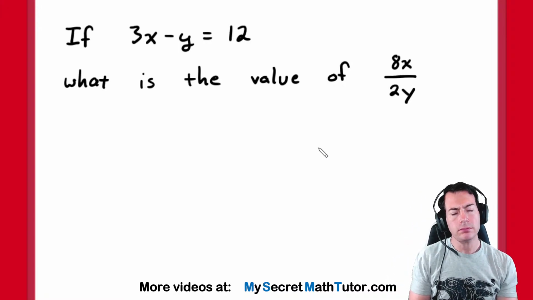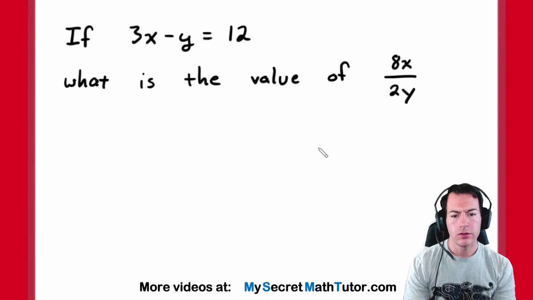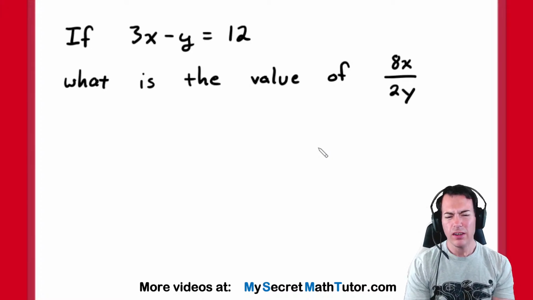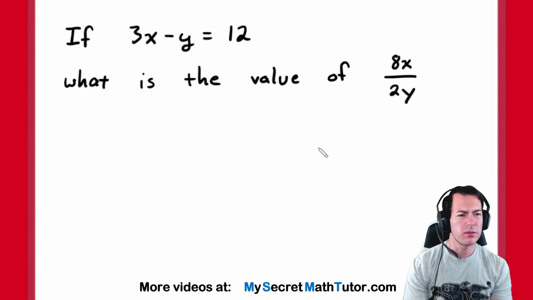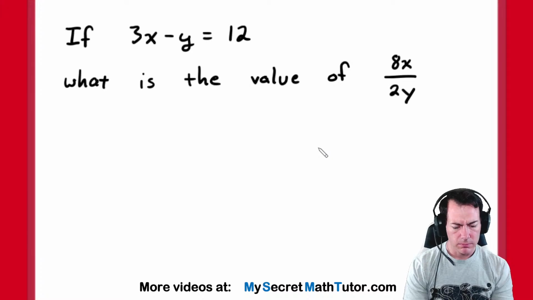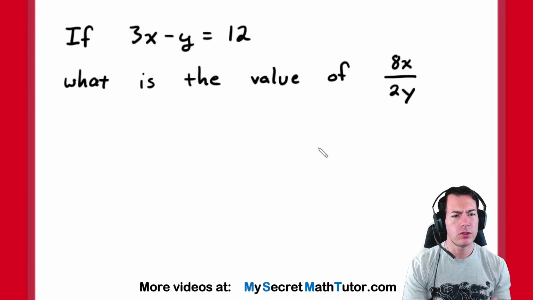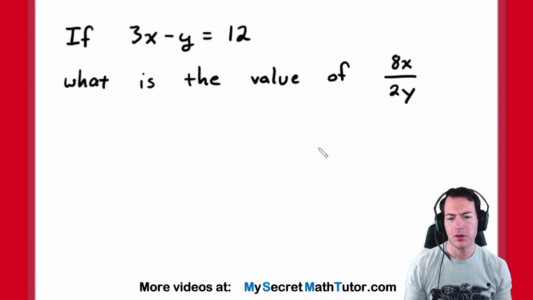Excellent. So this one looks like you're just playing around with expressions, getting a feel for doing some substitution, and maybe even simplifying or reducing an expression as best you can. The reason I say that is we're given one equation, 3x minus y is equal to 12, but you're not given a second equation, so we won't be able to get a number for both x and y.